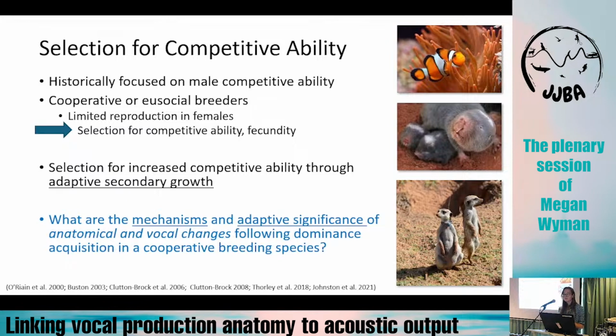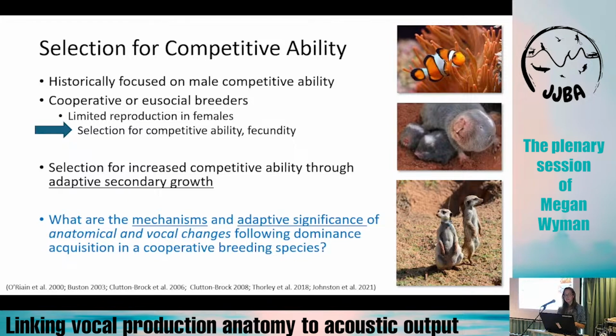So in cooperative or eusocial breeders, where reproduction is limited in females, there's stronger selection in females for traits that increase competitive ability. So females are competing with each other in their own dominance hierarchies. In some species, this has led to selection for something called adaptive secondary growth.